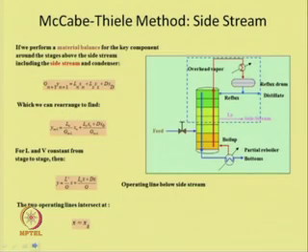So, this is the operating line for the rectifying section. Now, if we include the side stream and do the material balance for the key component, we can write G n plus 1 y n plus 1 would be equal to L n x n plus L s x s plus d x d. So, this is the material balance equation, and if we rearrange, it would be y n plus 1 equals L n by G n plus 1 x n plus L s x s plus d x d divided by G n plus 1.